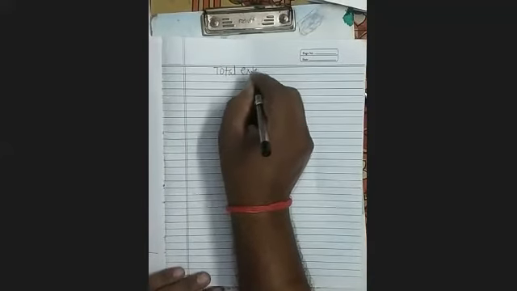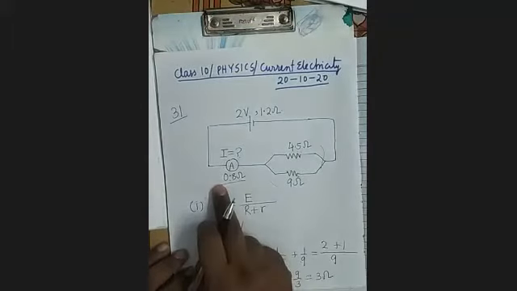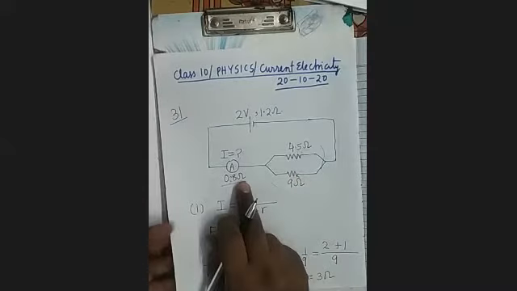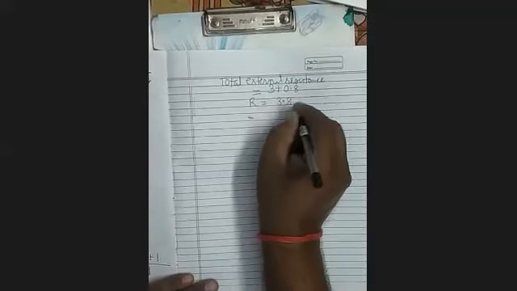It's clear? So see here, total external resistance. This much is 3 and this is 0.8. So 3 plus 0.8. That is R equals 3.8 ohm.